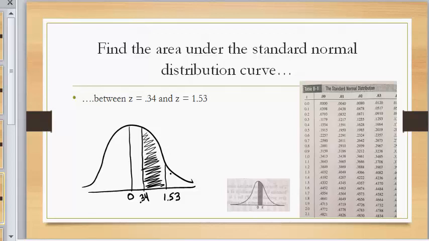By now, you should be fairly good at looking these values up. So let's look up 0.34 on our table. 0.34 on your table gives you what area? All right, so you should be at 0.1331. And you should remember that that is the area between 0 and 0.34. So that is right here.